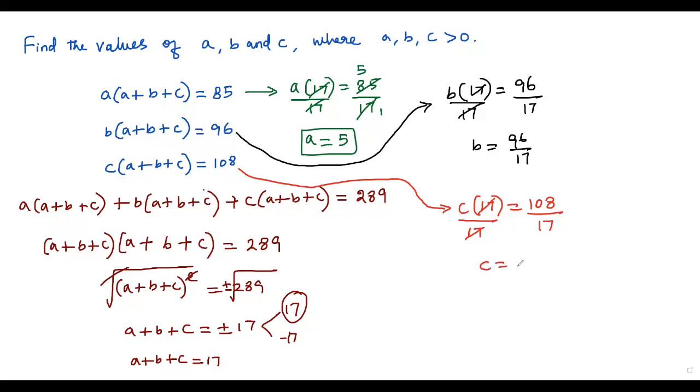So C is equal to 108 over 17. This fraction cannot be simplified anymore. So now I got the value of the third constant C. Already I got the value of the second constant, B equals 96 over 17. So the value of A is 5, the value of B equals 96 over 17, the value of C equals 108 over 17.